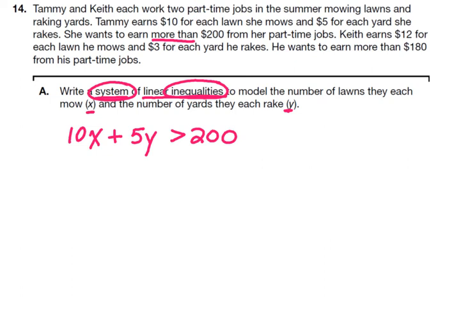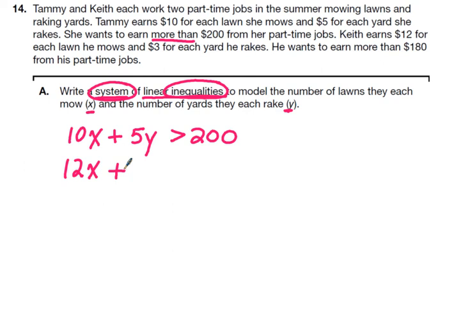Okay? And then, very similarly, the linear inequality for Keith is going to be 12x, because he earns $12 for each lawn he mows. You multiply 12 and x together, 12 being the amount of money he earns per lawn and x the number of lawns he mows, just like with Tammy.